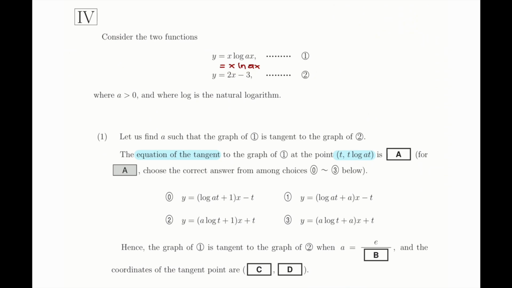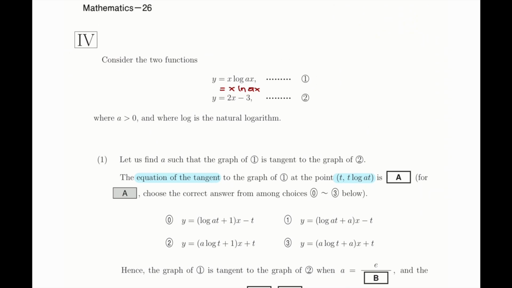If I have y equals x ln ax, then the first derivative is, this is a multiplication, so we have to use the product rule.